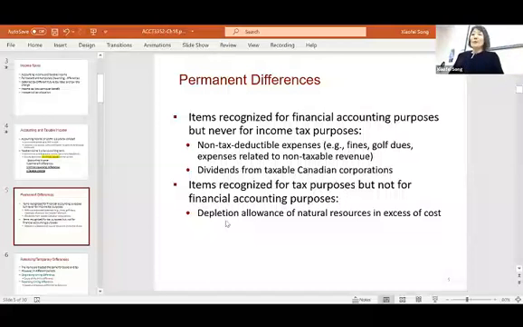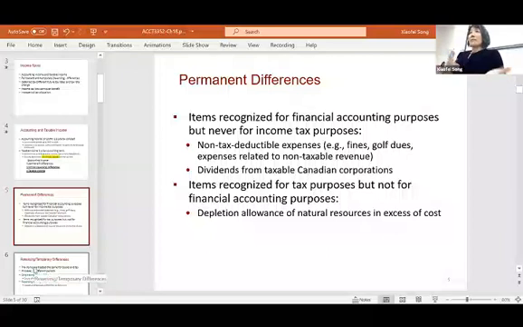Examples of that are fewer. This is the one: depletion allowance for natural resources in excess of cost. This relates to resource companies. They have depletion as an expense, but it sounds like you can deduct more. So as I said, the permanent differences are easy.